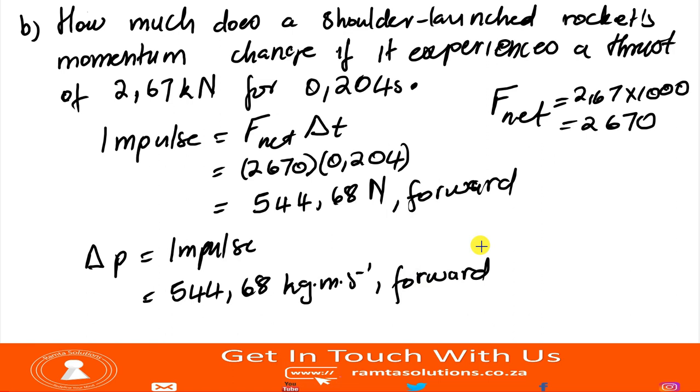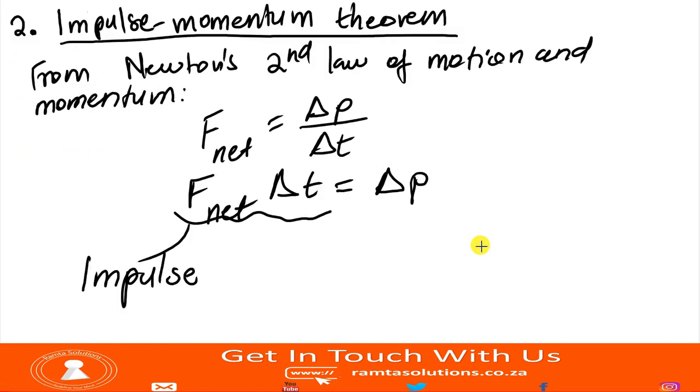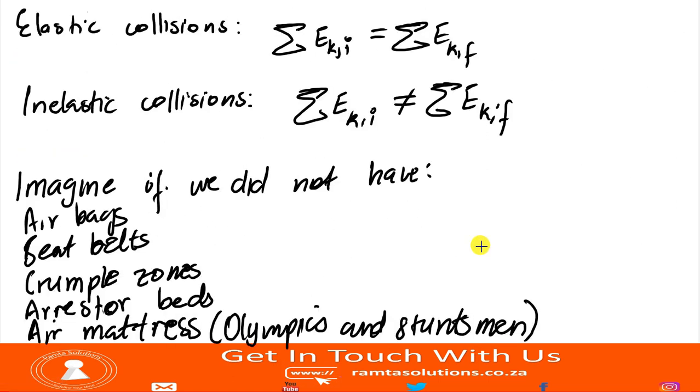So this is it, guys. We have now covered almost every aspect of the grade 12 momentum and impulse. So let's see if we have answered the questions. So we were imagining if we did not have these things. We saw that without airbags, seatbelts, and crumple zones, during collisions, passengers will be in danger.